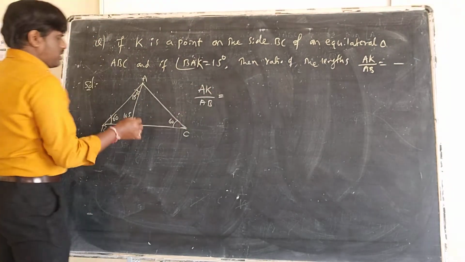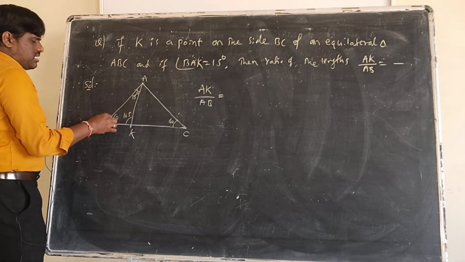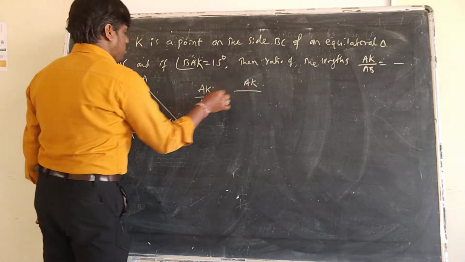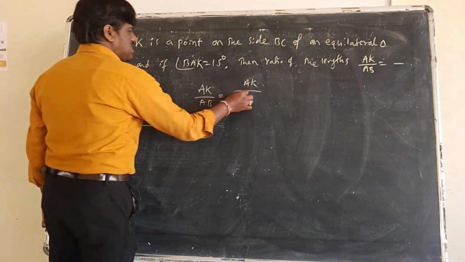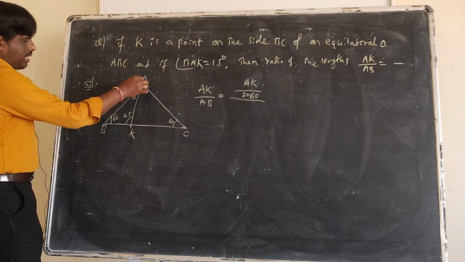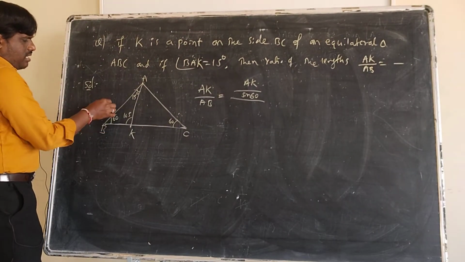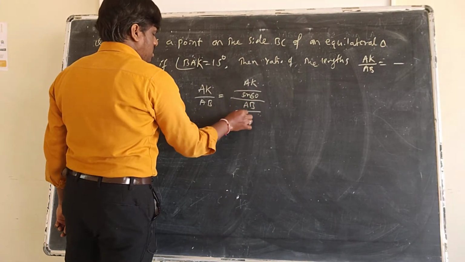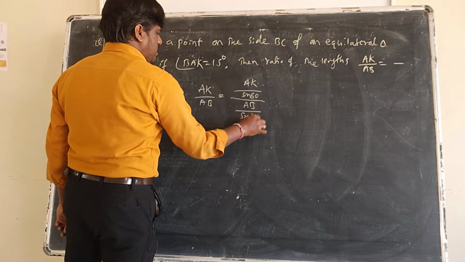AK is this side, with its opposite angle. So applying the sine rule, AK by sine 60 divided by AB, which is opposite 105, so AB by sine 105 degrees.